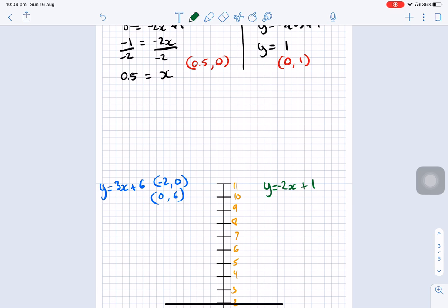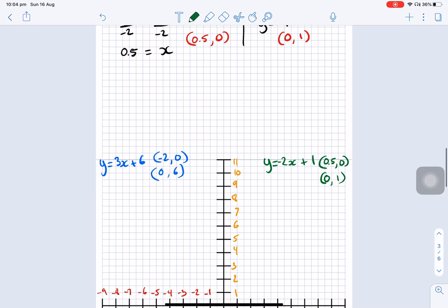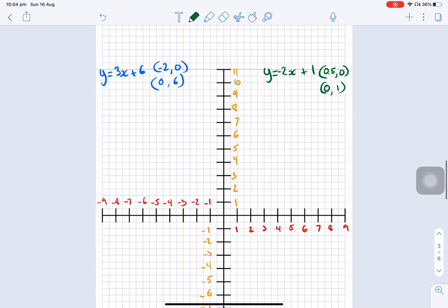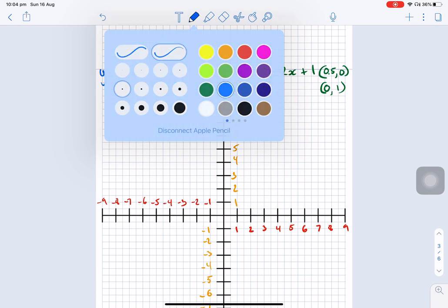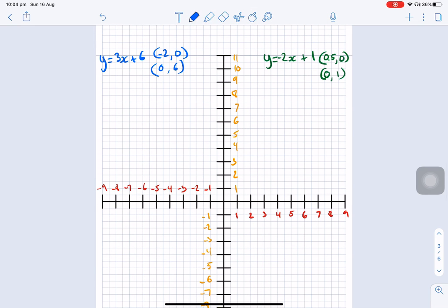We found our intercepts were x-intercept 0.5, 0 and a y-intercept of 0, 1. Okay, now that we've got those down, I can draw this up on my graph here. So negative 2, 0 is here, and 0, 6 is here.